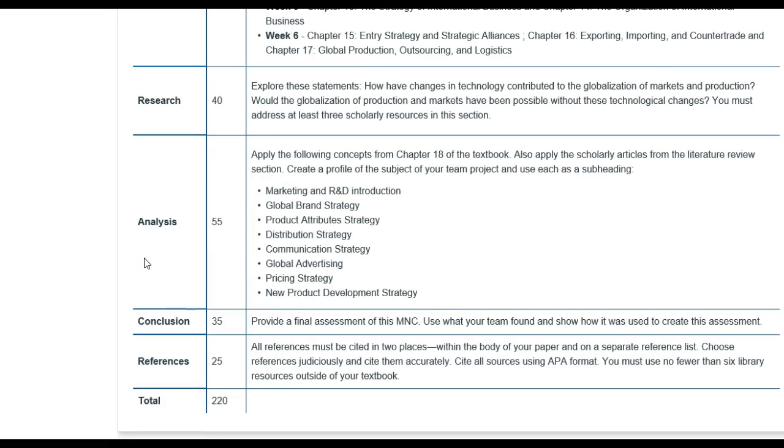Now, this analysis section is something that you have not done yet, and you will do as part of this final course project. You're going to apply the concepts from Chapter 18. You're also going to apply the scholarly articles that you already have, or may also add to this if you need to, but typically this will be what you've already used, to now create a profile of your MMC.